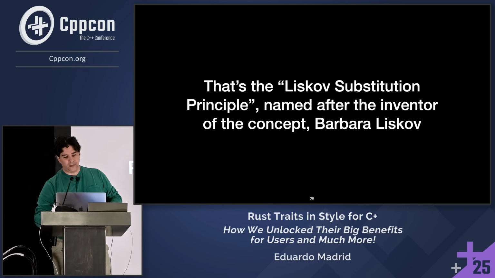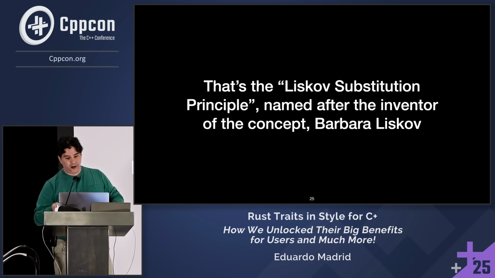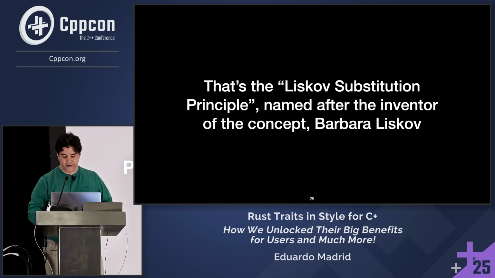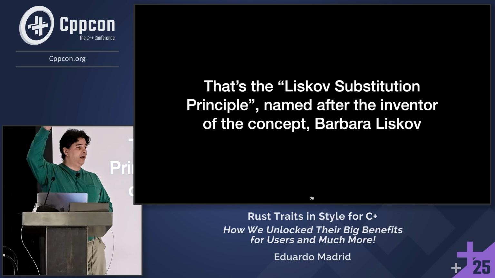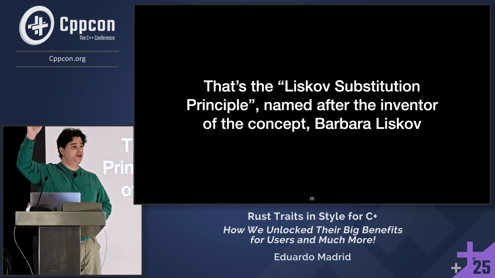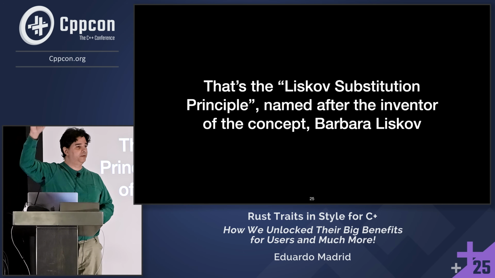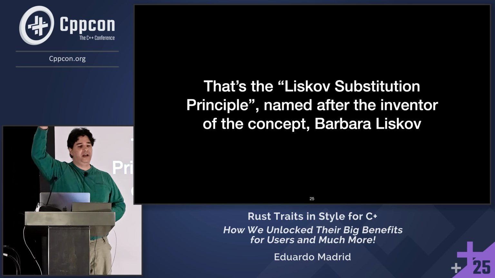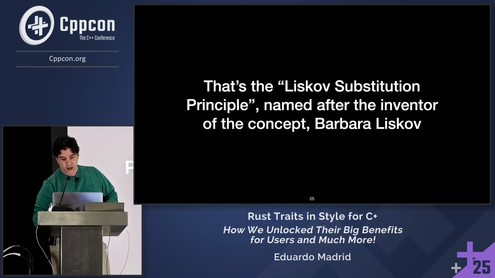So that is the Liskov substitution principle, which was named after the inventor of the concept from UCLA, Barbara Liskov. And I say UCLA because I live in Los Angeles. Were you all already aware of the Liskov substitution principle and Barbara Liskov? Please raise the hand. Okay, I see about 3/4 of the audience.